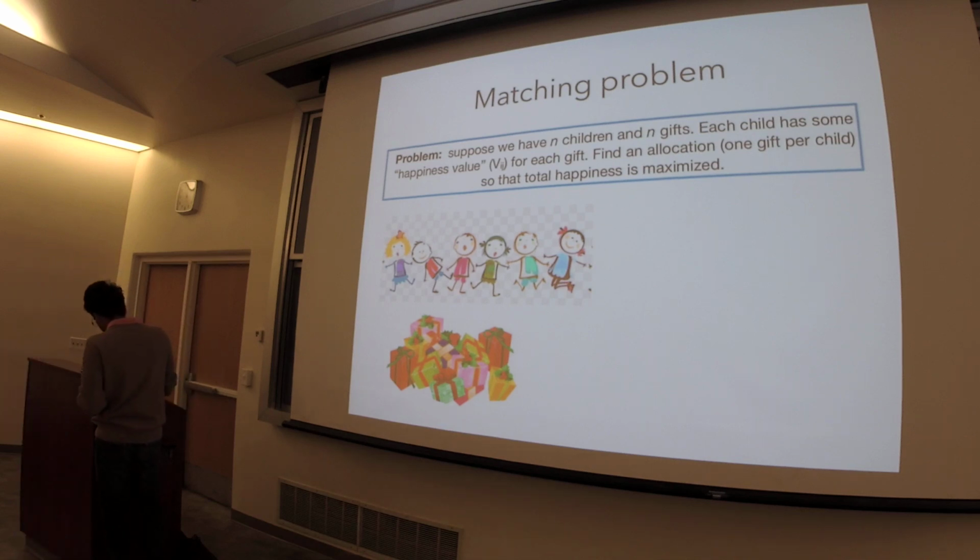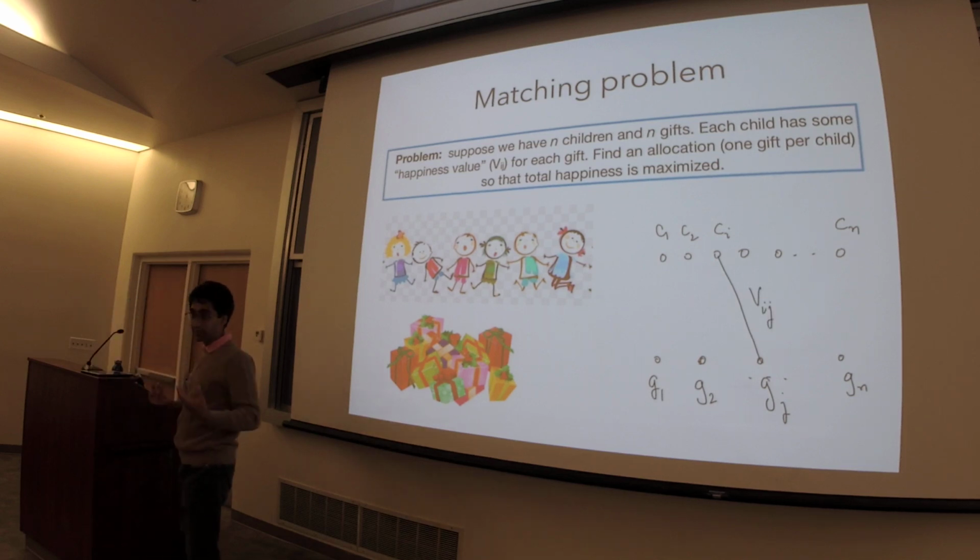So you have children on this side and gifts here. Let's call these C1, C2 to Cn, and G1 through Gn. The valuation that child i gives to gift j, I will denote by V_ij.